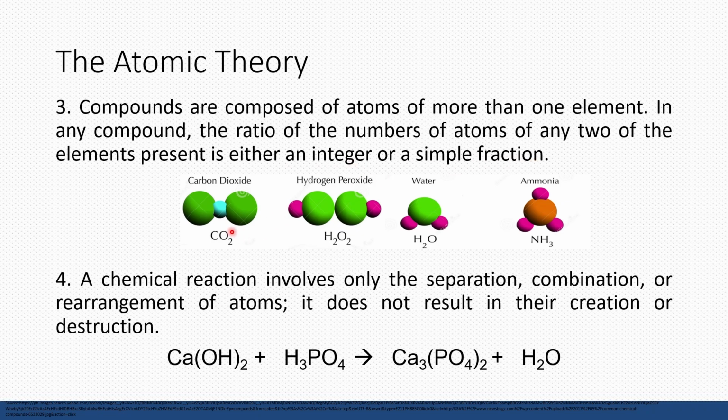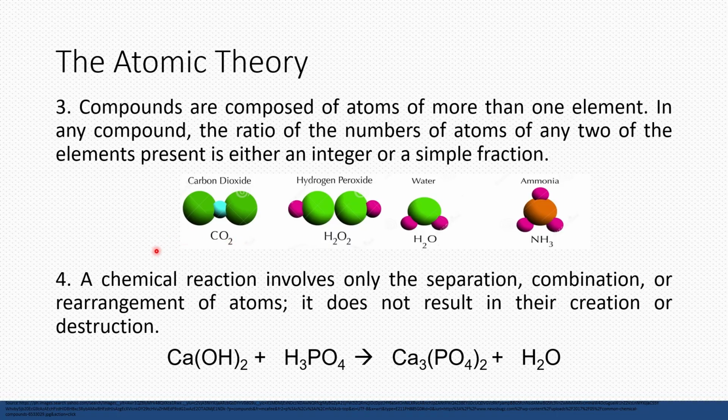For example, you can see here CO2. Okay, so there's no decimal point. It is a whole number. For example, H2O2. So this number represents the ratio of different atoms. For example, there are two oxygen and one carbon.